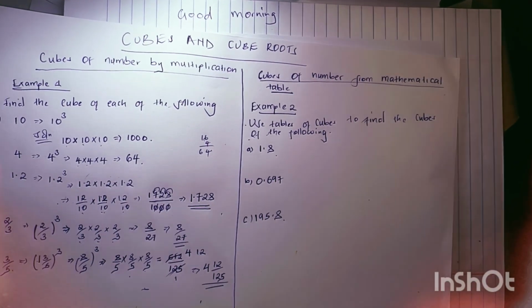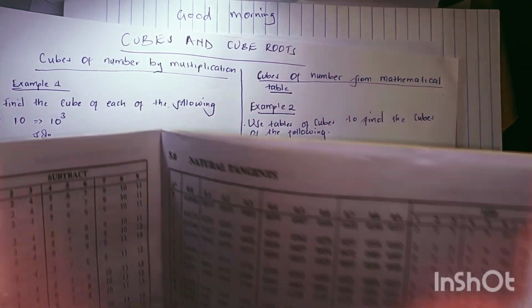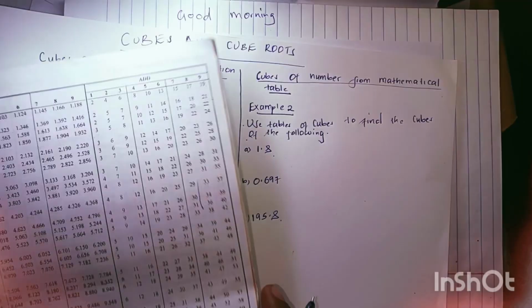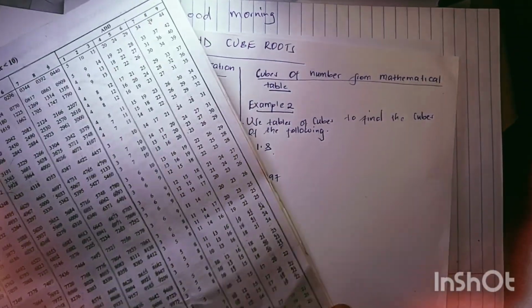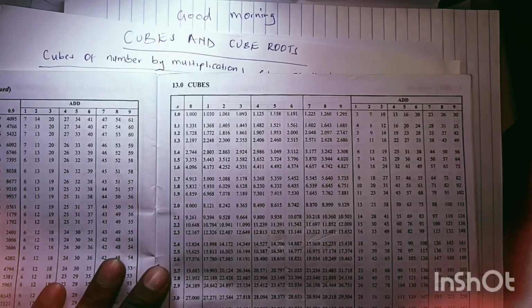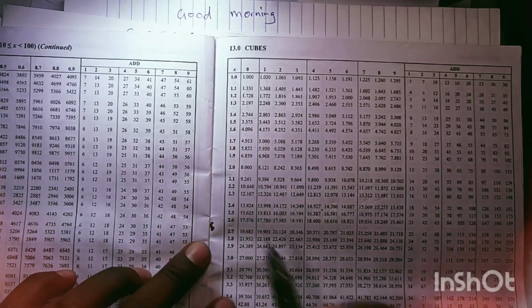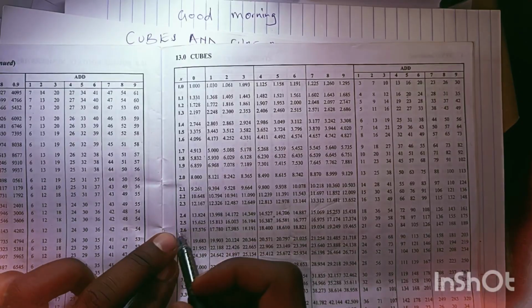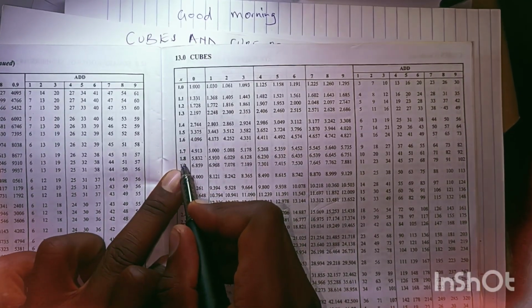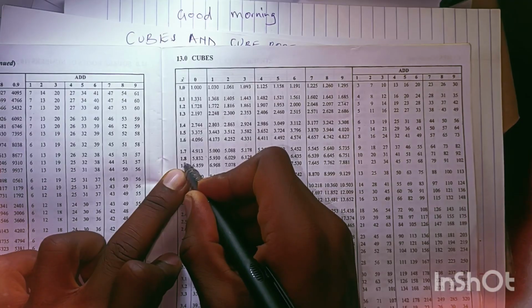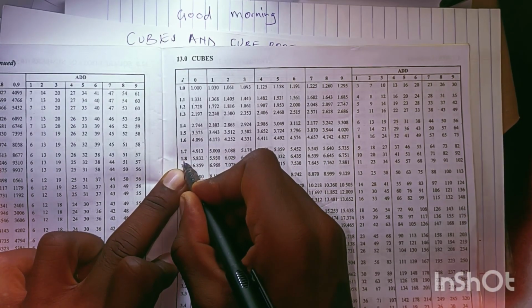Let me now open the table and show you how to find the cubes of those numbers. If you're told to find the cube of 1.8 from the table, I'll go to the column of x, then to where it is written 1.8.